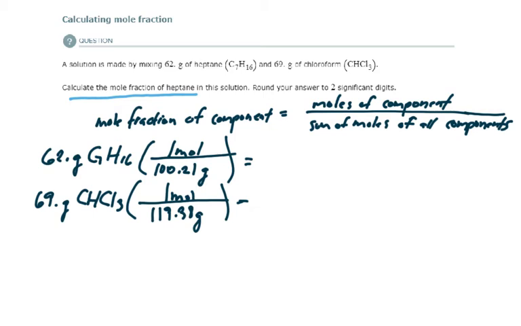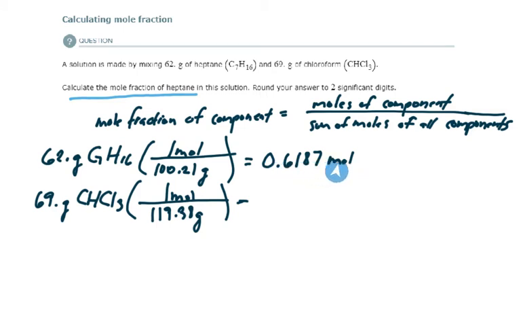So if I do the math here, 62 divided by 100.21 gives me 0.6187 moles, and I'm trying not to round these intermediate values. You don't want to round them to 2 significant digits right off the bat. Go ahead and carry out a little bit.